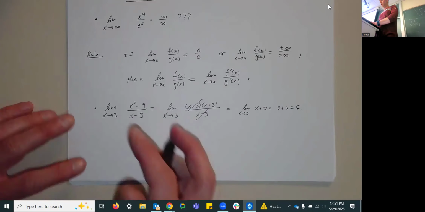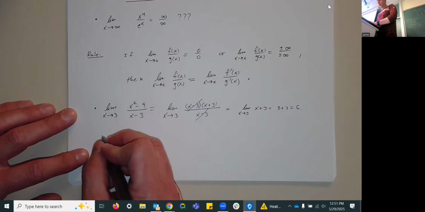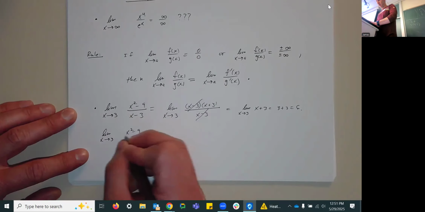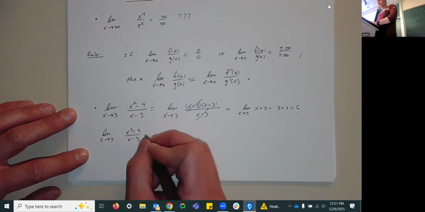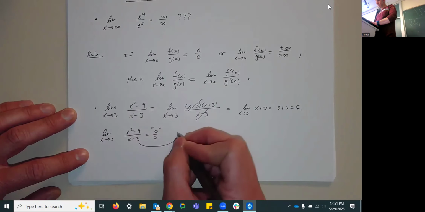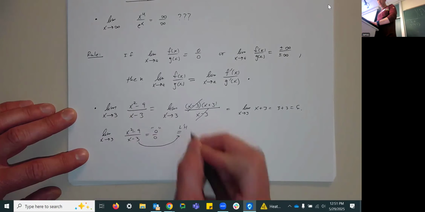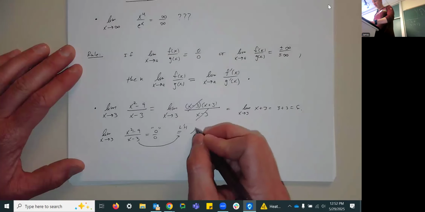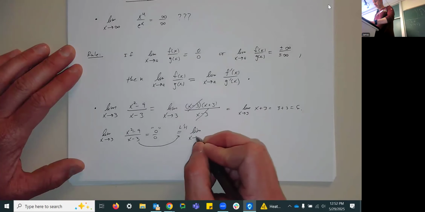But we also could have, or could now, say the limit as x approaches 3 of x squared minus 9 over x minus 3. Well, since it's a 0 over 0 type, we can say, great, we're going to use L'Hopital's rule. When I use L'Hopital's rule, I like to write an L apostrophe H above the equal sign so that the person reading my work knows I'm using L'Hopital's rule in that spot. We still have to write the limit as x approaches 3.